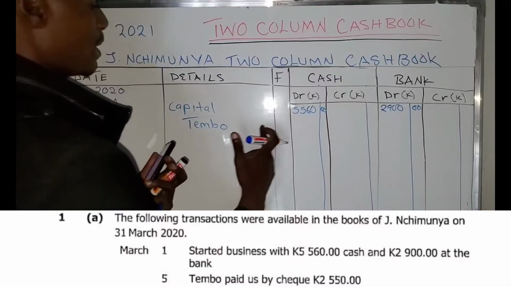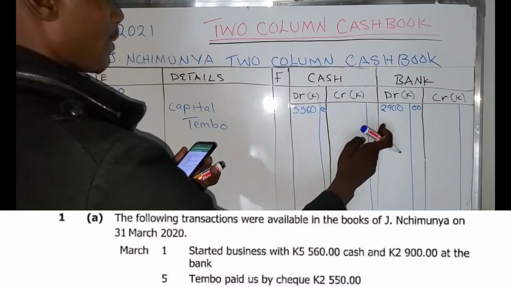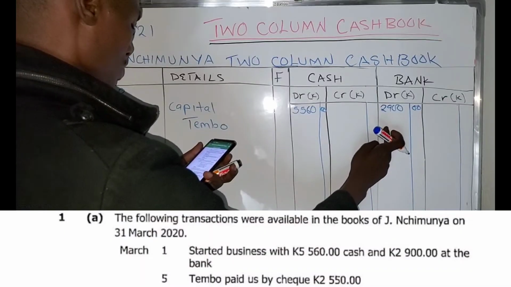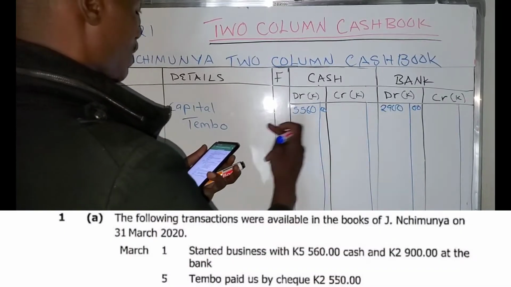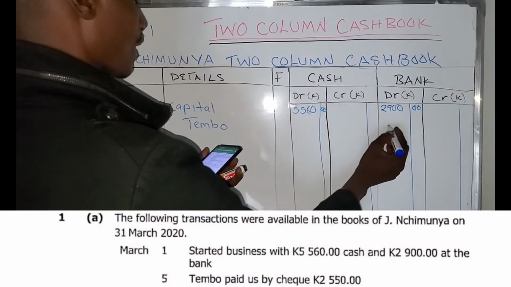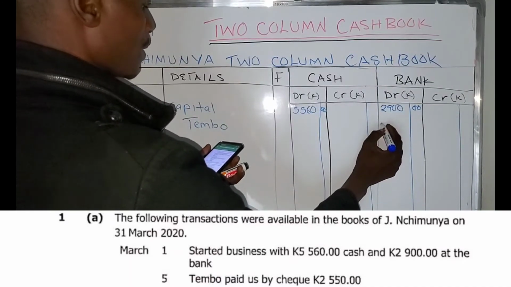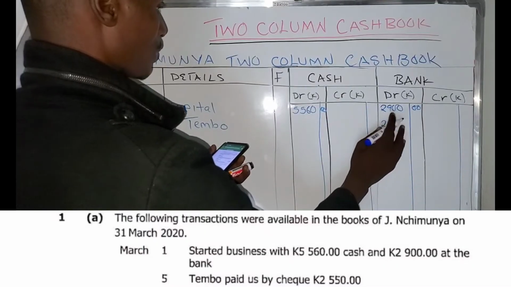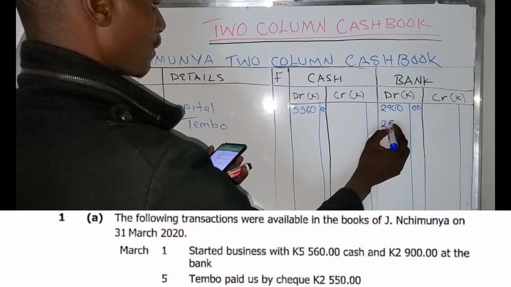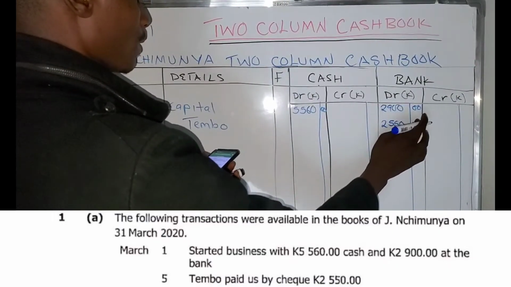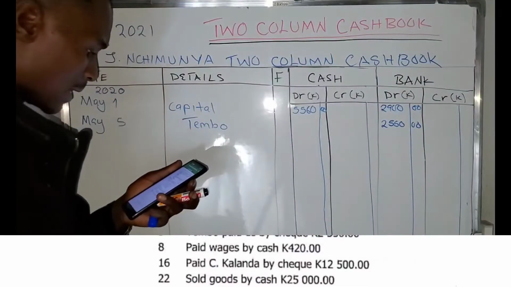So we're going to debit Tembo here, in the bank column. Check how much? So we are receiving the money. So we're going to debit, and since it's by check, we're going to debit bank 2,550, 00 ngwe there.